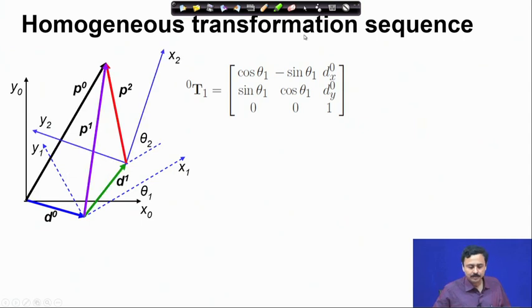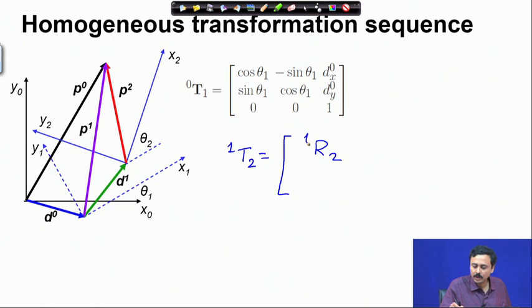Now, let us move to the second motion, when it goes from x1 y1 to x2 y2, with the same thing here. The homogeneous transformation matrix T from 2 to 1 is nothing but R from 2 to 1, 0 0, and here I have d represented in frame 1 and finally, here we have a 1.